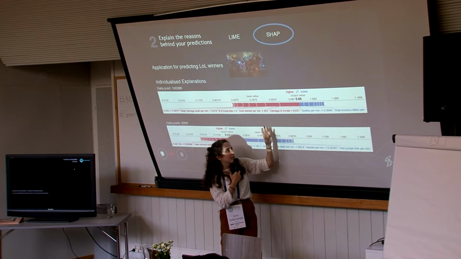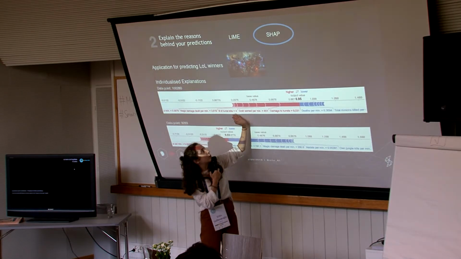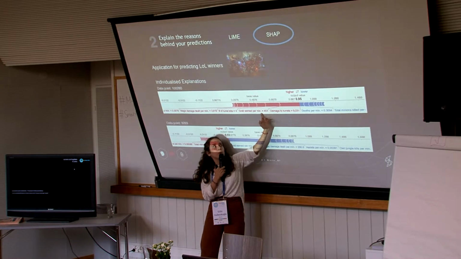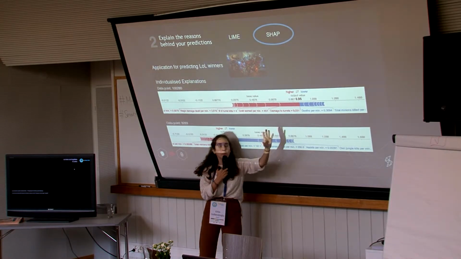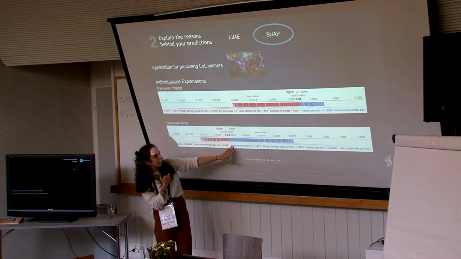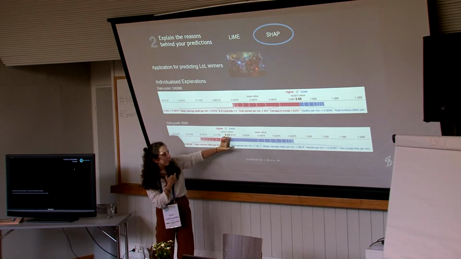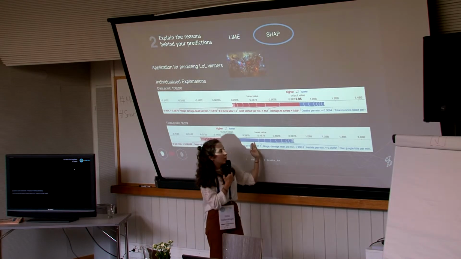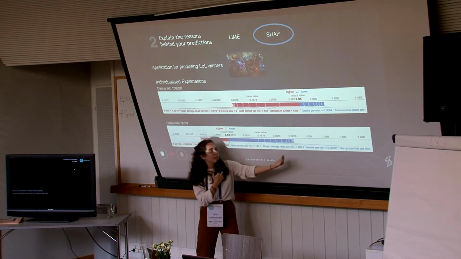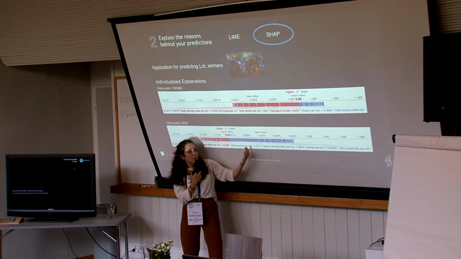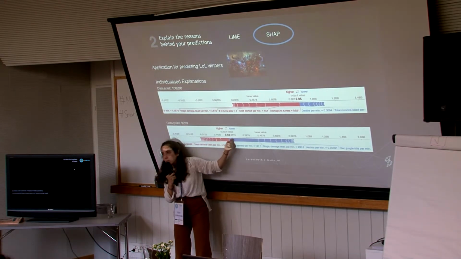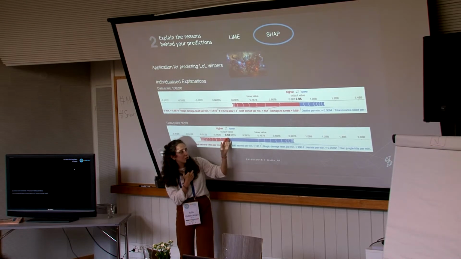Here, for example, gold earned per minute is 451 gold, which is quite a high value. Anyway, let's look at this scenario here. Because I'm predicting that this guy will lose the game, I see most of it is blue. These variables are pushing my model to decide that this guy will lose the game, and these are pushing that this guy will win the game.